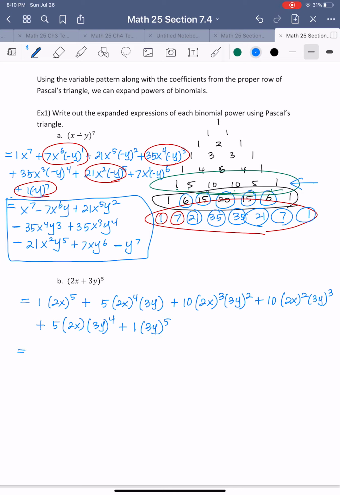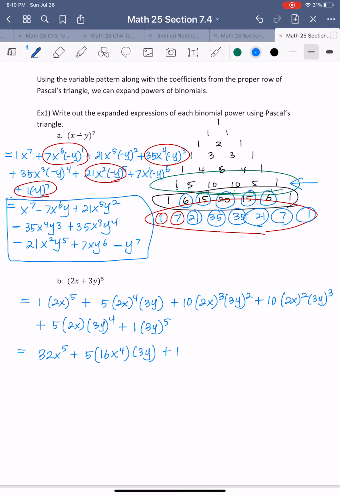But this time, it's not a power of x. It's the power of 2x and 3y, right? So we have to do those. So I got 1 times 2 to the fifth is 32x to the fifth. And the second term is 5 times 2 to the fourth is 16x to the 4 times 3y.